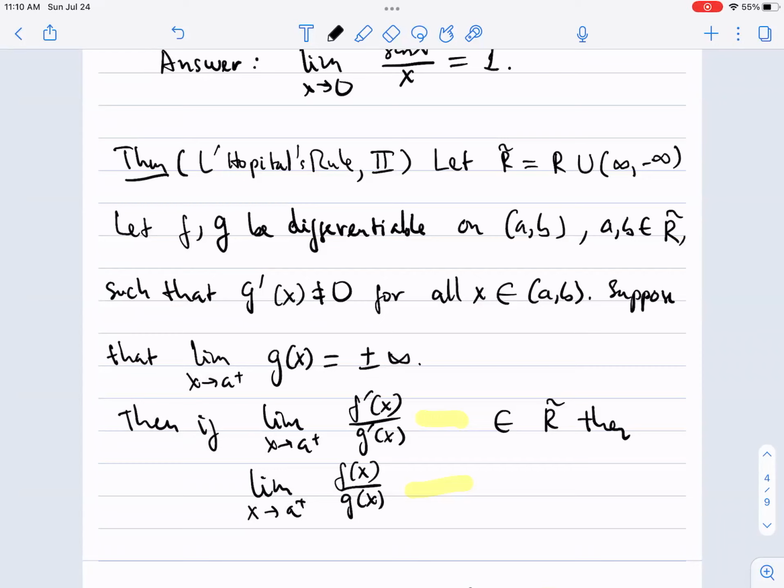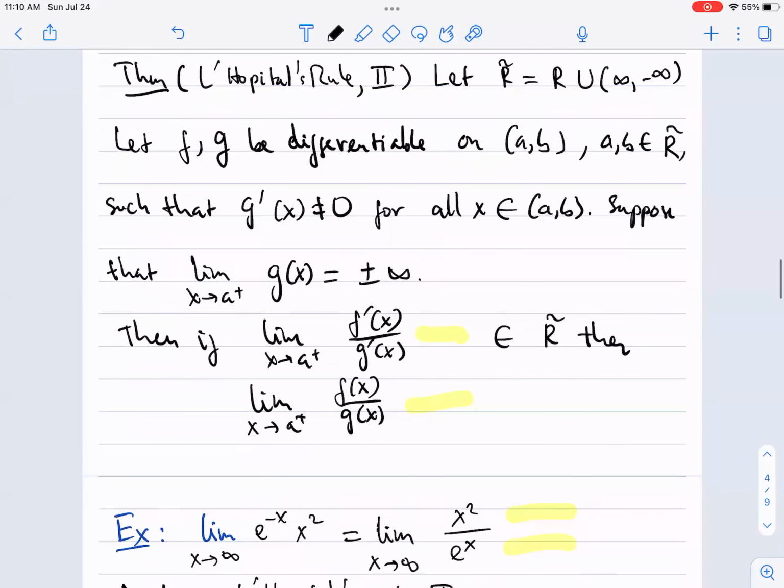Suppose further that the limit as x approaches a from the right of g of x equals plus or minus infinity.